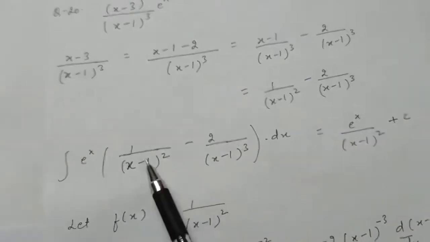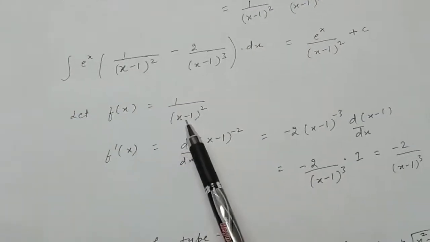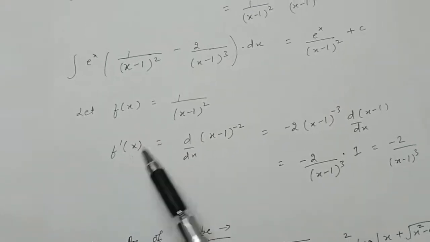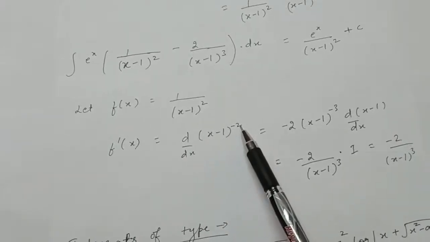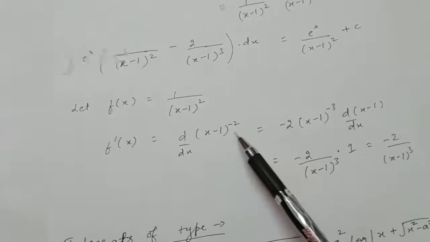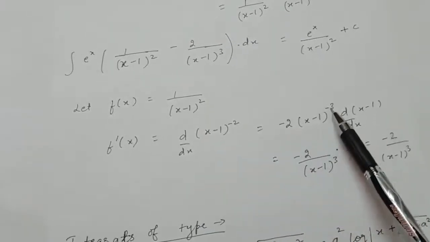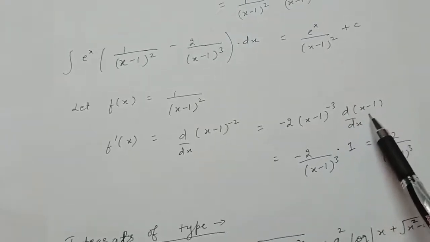Now see, if we let this 1 upon (x minus 1) whole square as equal to f(x), then f dash x will be the derivative of this, that is derivative of (x minus 1) raised to the power minus 2 with respect to x. So derivative of this will be minus 2 (x minus 1) raised to the power minus 3 into derivative of (x minus 1).